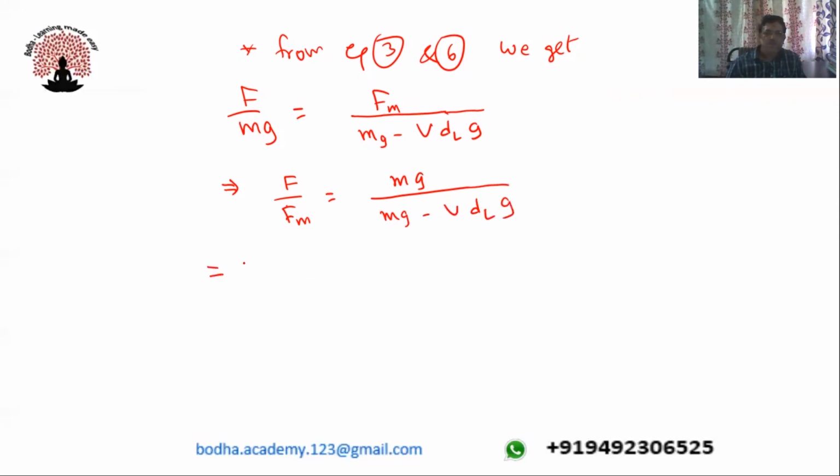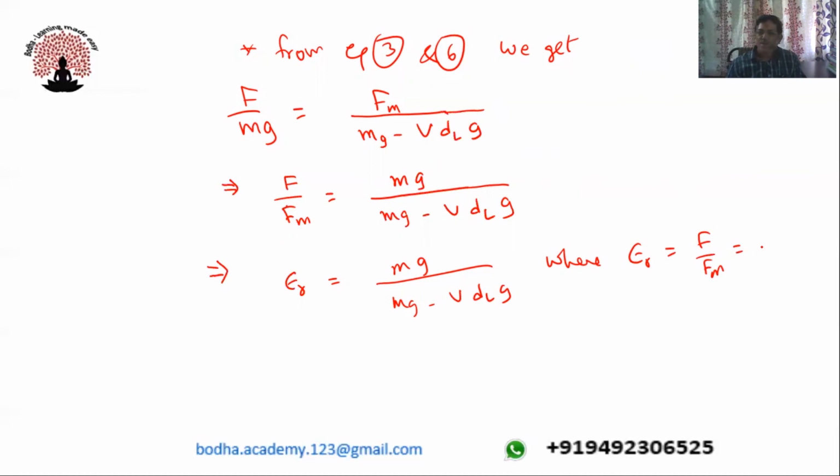So I can write F by Fm is nothing but epsilon r, that is equal to mg by mg minus volume into density of liquid into g, where epsilon r is equal to F by Fm, that is equal to the relative permittivity or dielectric constant.